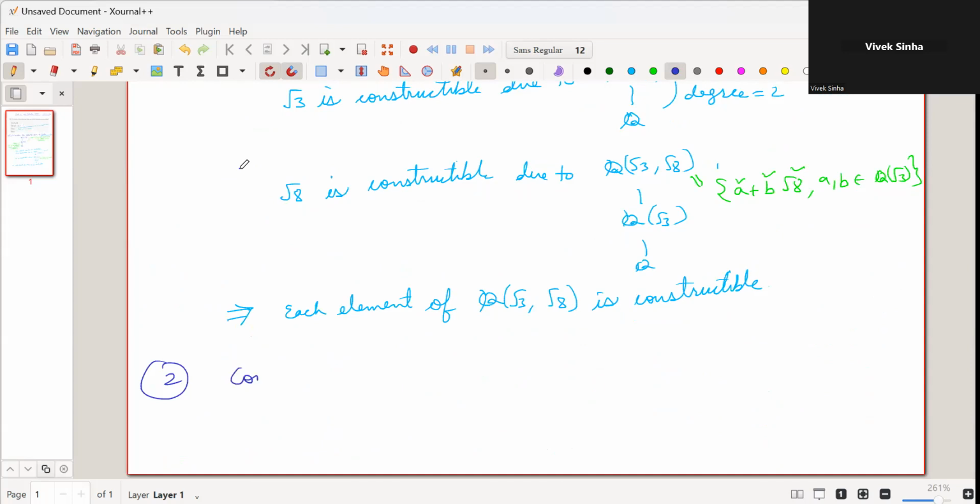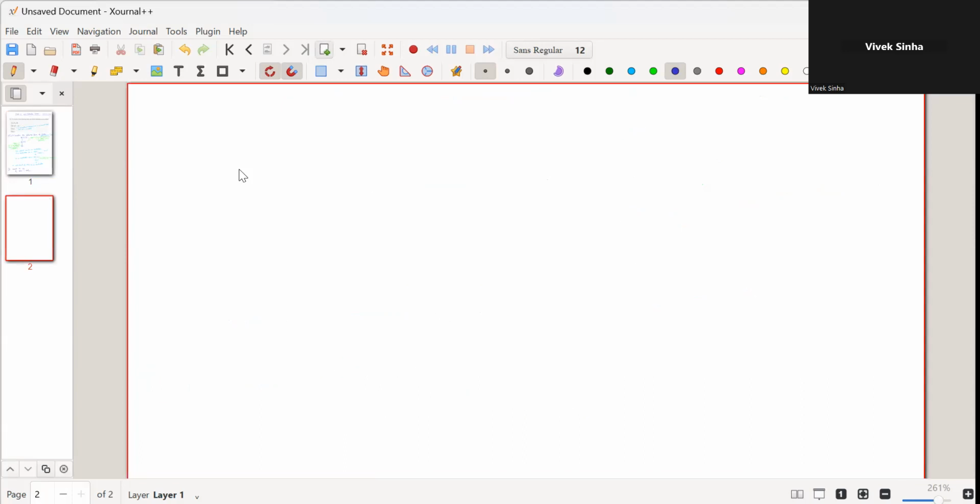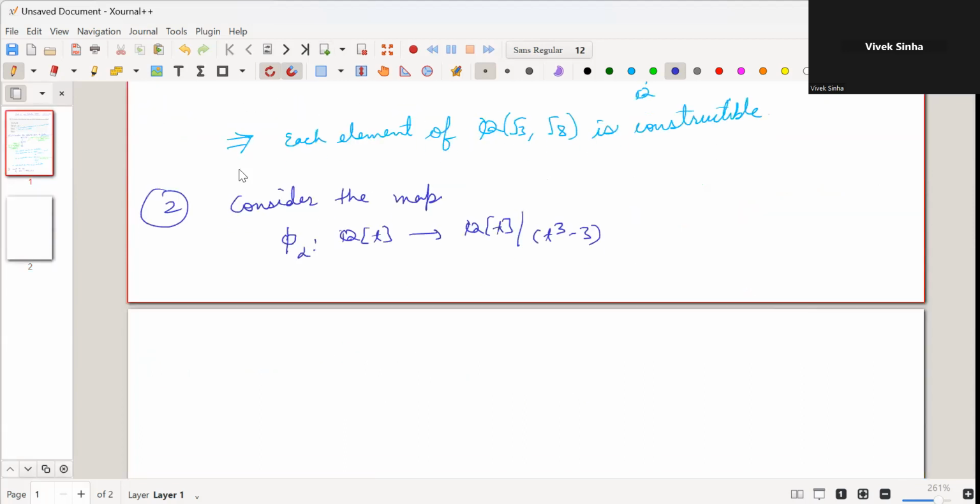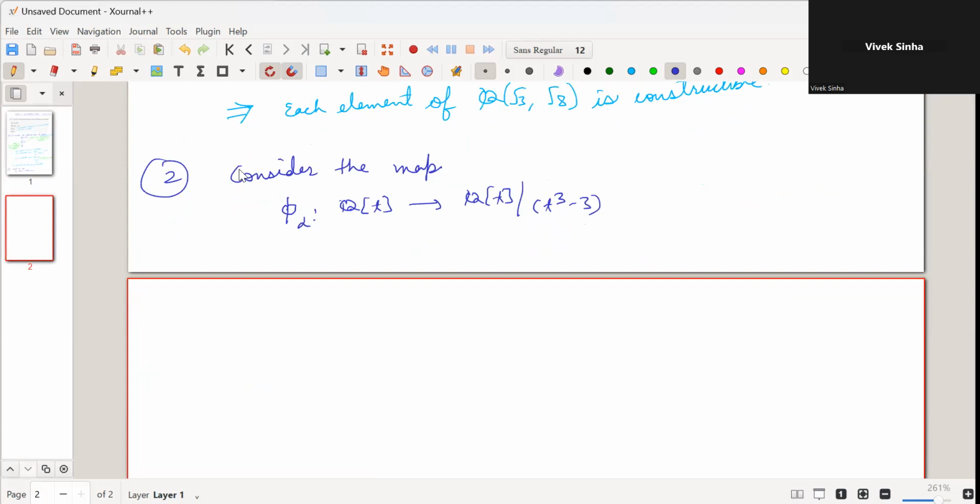What we used to do, consider the map phi alpha from Q[t] to Q[t] by (t cube minus 3), or maybe I'm missing something.